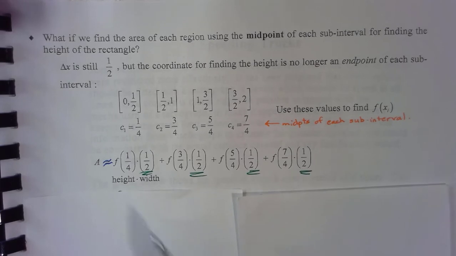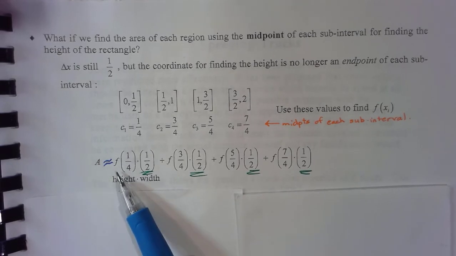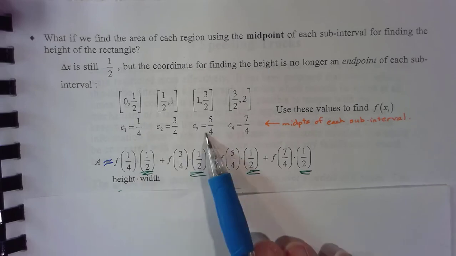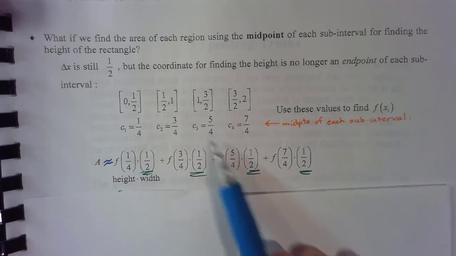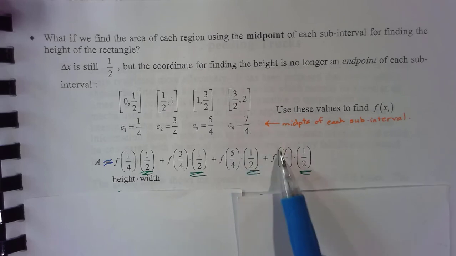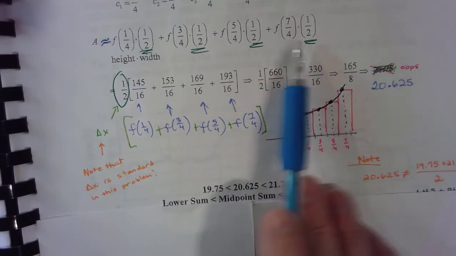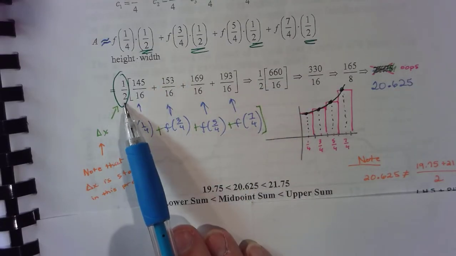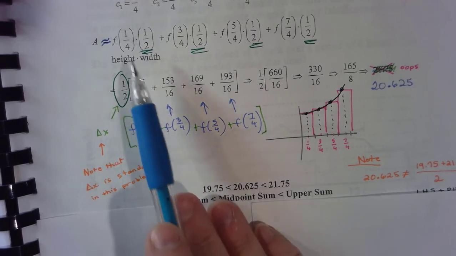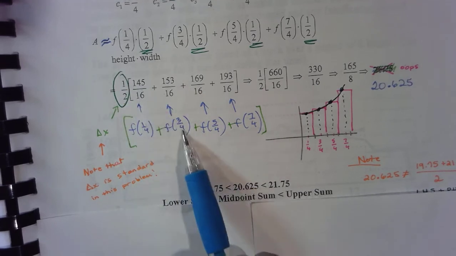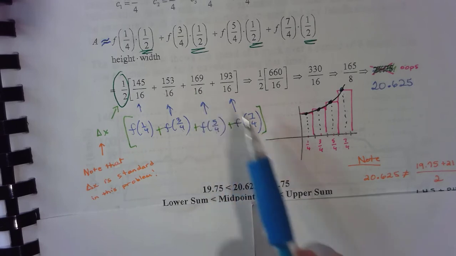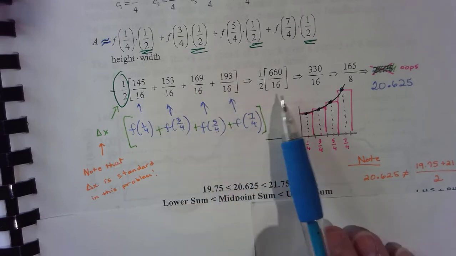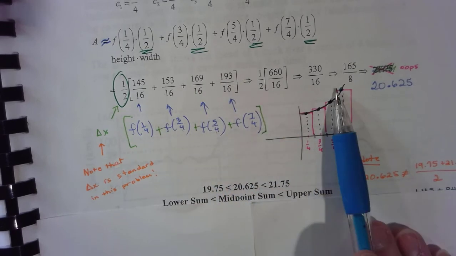And again, my area is approximated by f of 1/4 times a half, f of 3/4 times a half, f of 5/4 times a half, f of 7/4 times a half. So this time I decided to go ahead and factor out that common factor of 1/2 and find f of 1/4, f of 3/4, f of 5/4, f of 7/4, add all that up, and then times a half gives us this.